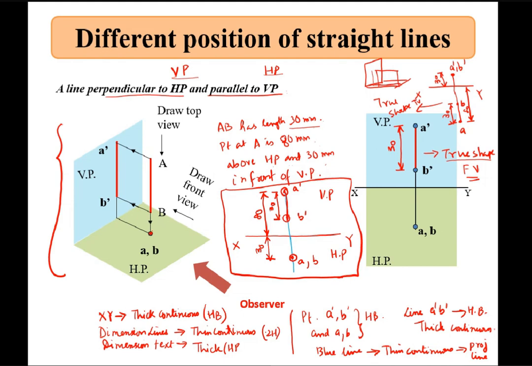Similarly, if the straight line is parallel to VP, you are going to get the true length on the VP. Now the concept of apparent length, you are going to understand after some time. Just wait for 1 or 2 slides. I hope you have understood what true length is.